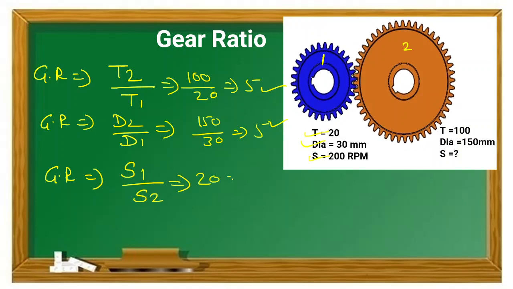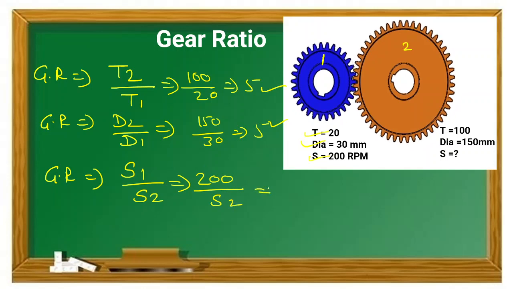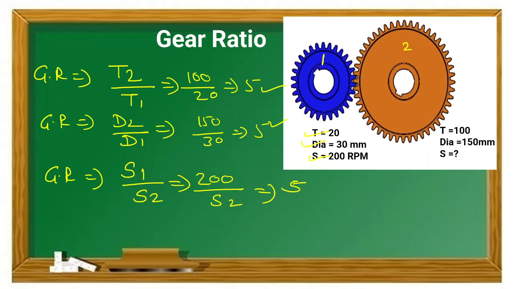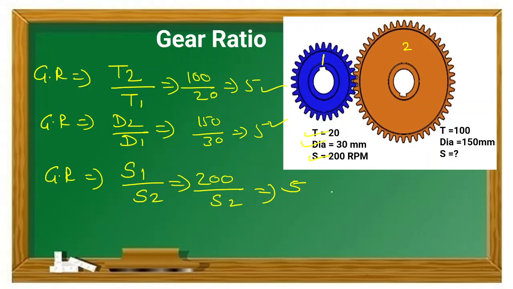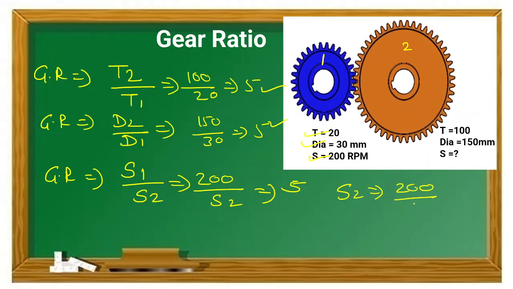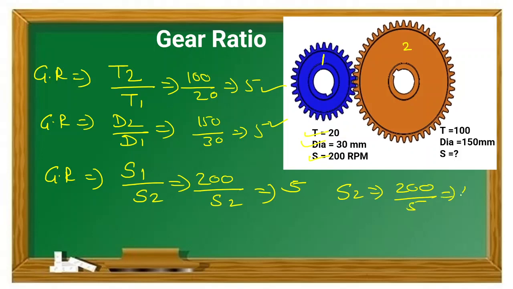S1 is 200 divided by S2, which we have to calculate. The gear ratio is 5, as we calculated with the help of the teeth and diameter. If we have only one parameter missing, then we can calculate it. So S2 can be written like this: 200 divided by 5, which gives us 40.